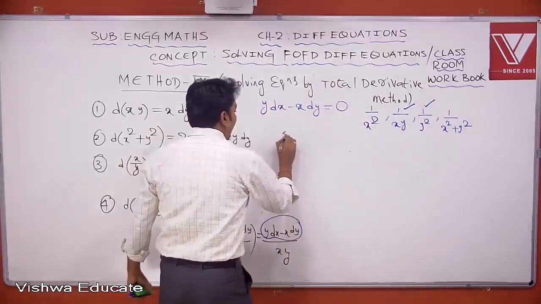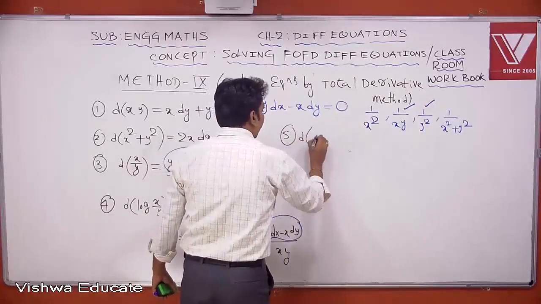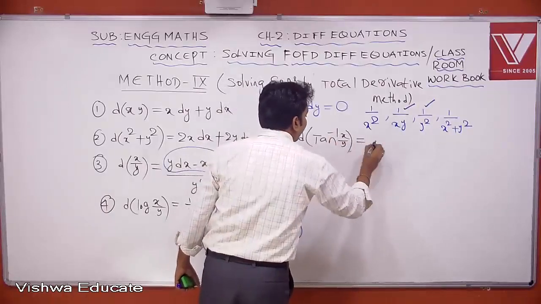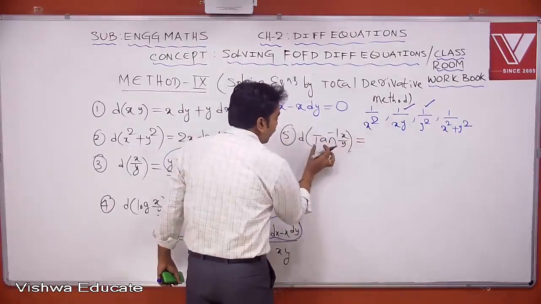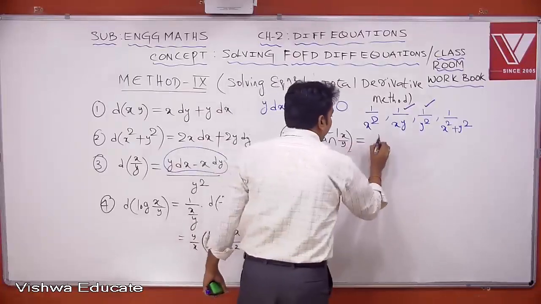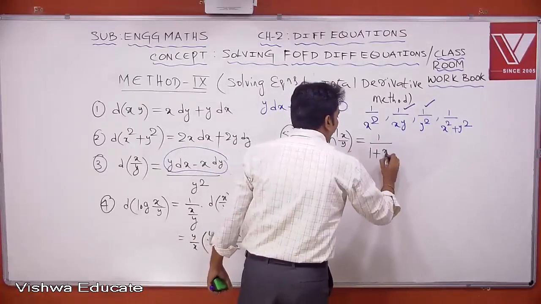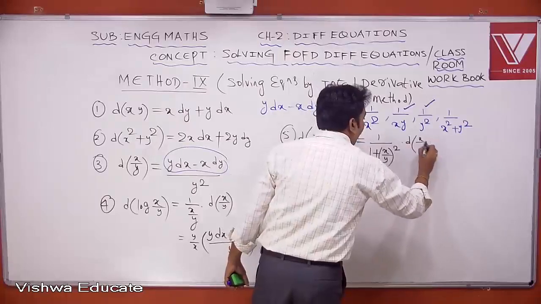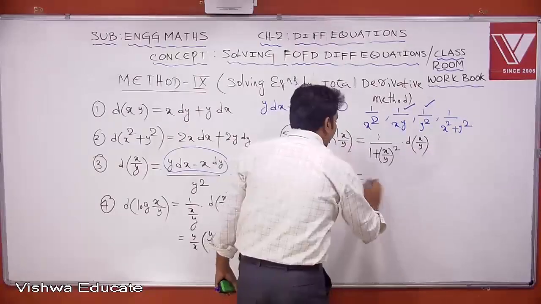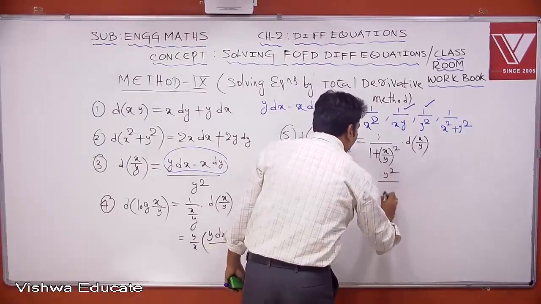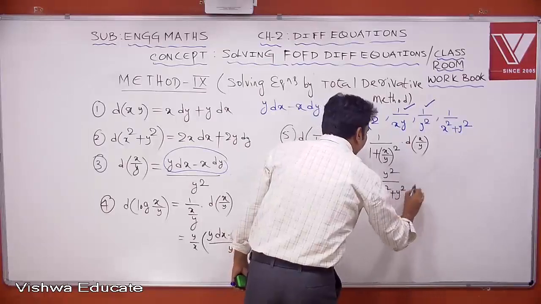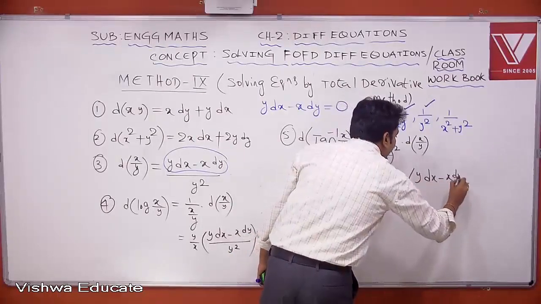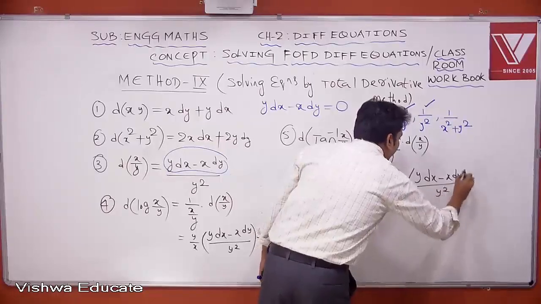Now I will calculate the total derivative of tan inverse of x by y. Assume that this is x. The derivative of tan inverse x is 1 by 1 plus x square. So 1 by 1 plus x by y whole square into the derivative of x by y. This is nothing but y square by x square plus y square into y dx minus x dy divided by y square.